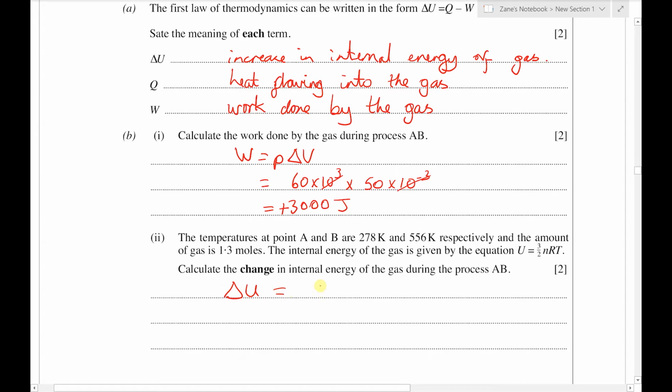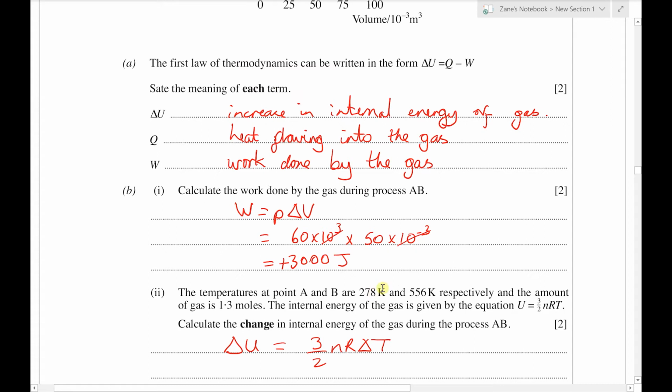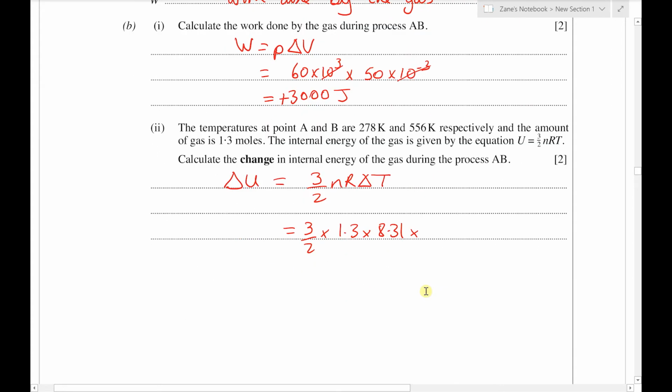So what we can do here is we can use that delta U is 3 over 2 nR delta T. So it's 3 over 2 times 1.3 for the number of moles, 8.31 for the gas constant, and the change of temperature, 278 to 556, is 278, but if we want to make sure, we can put that into a bracket there.